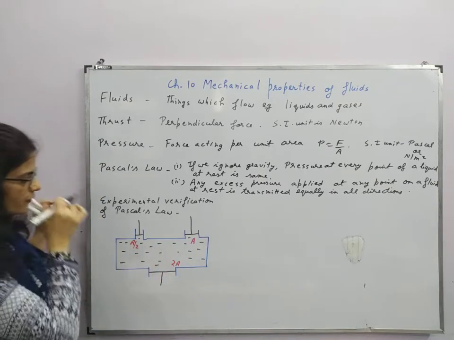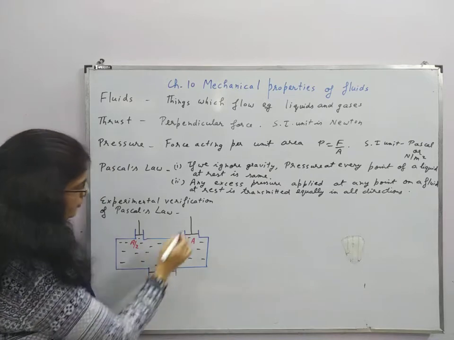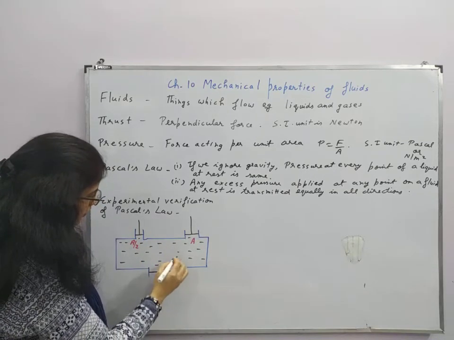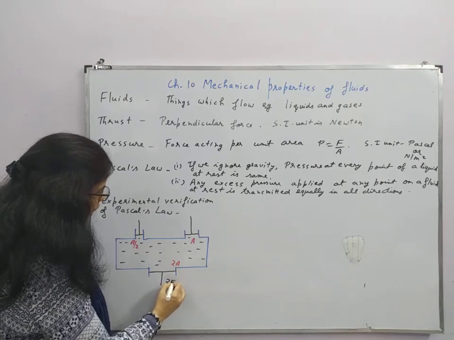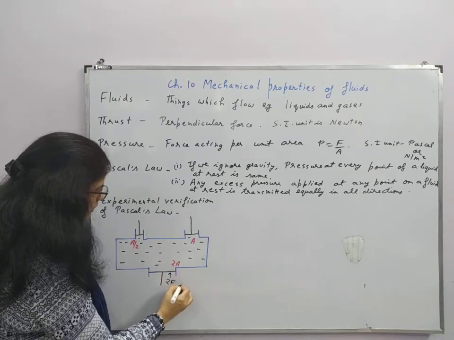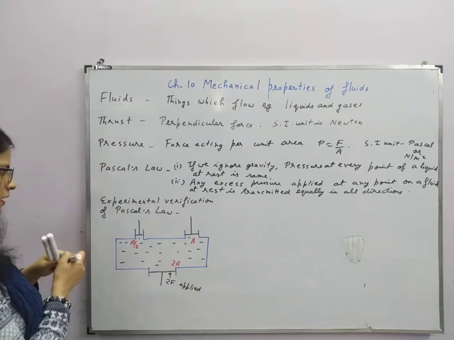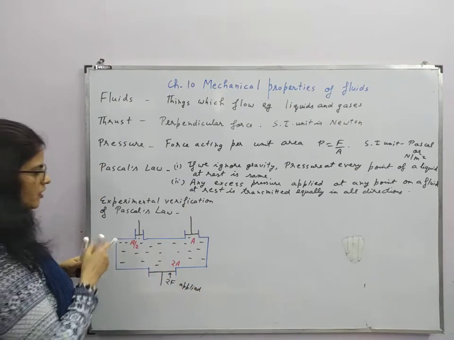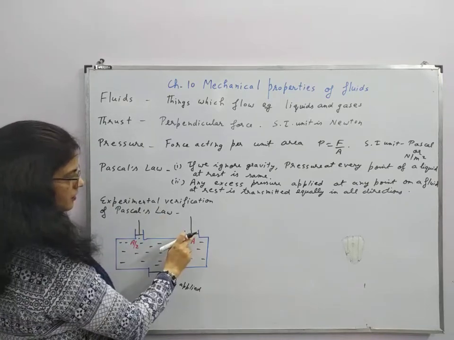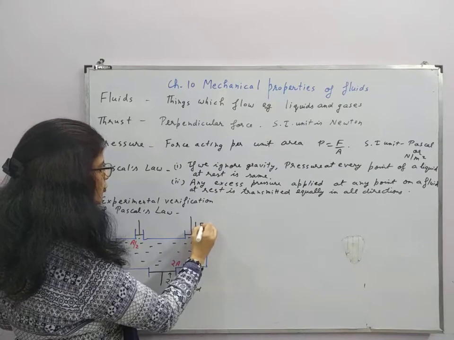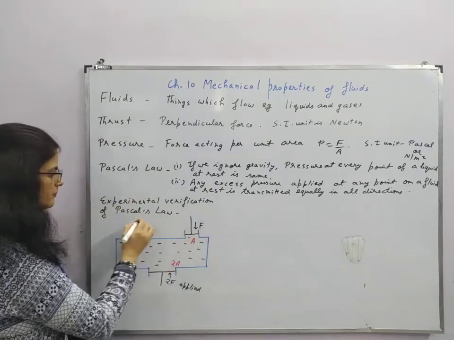And if force 2F is applied here, then it is observed that in order to keep these pistons at their place, here we need to apply a force F to keep these pistons at the place.